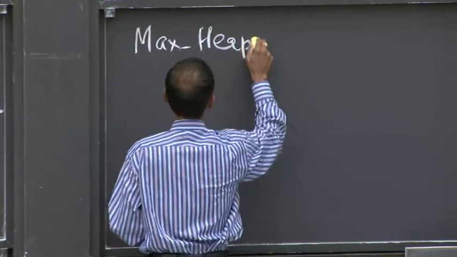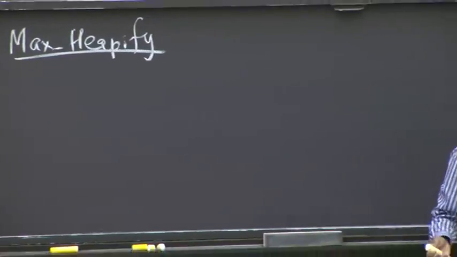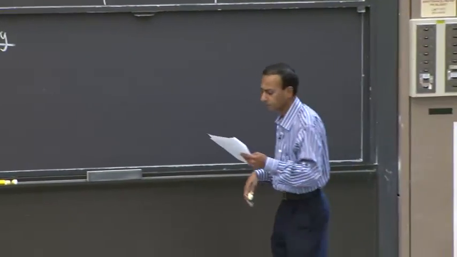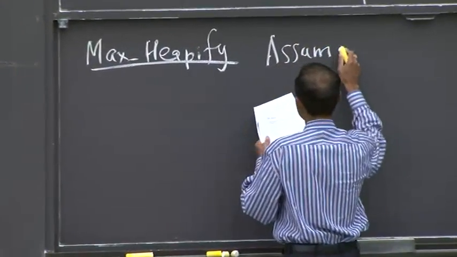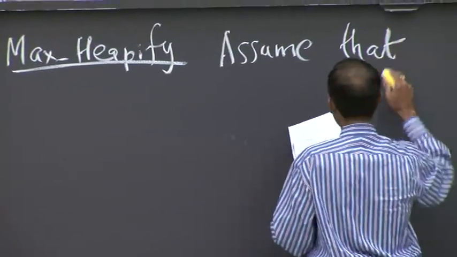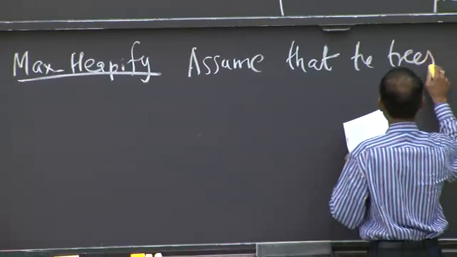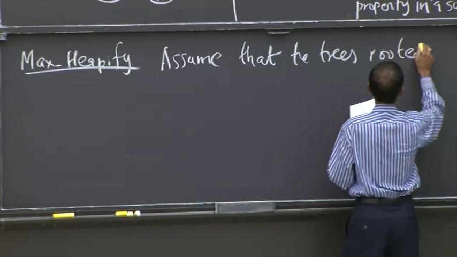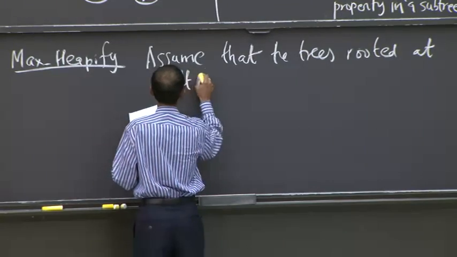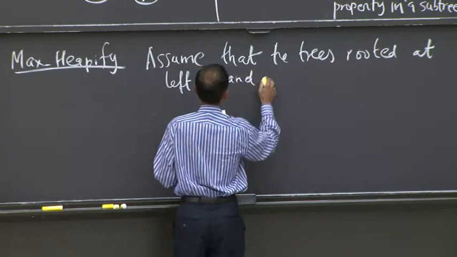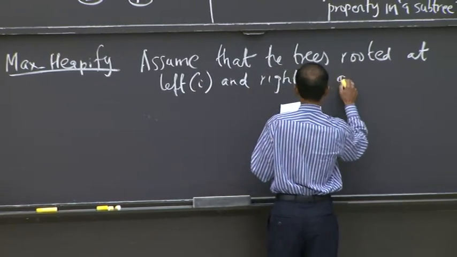I'm not going to write pseudocode for max heapify. I'll run through an example, and the pseudocode is in the notes. The big assumption, and you can think of this as a precondition for running max heapify, is that the trees rooted at left(i) and right(i) are max heaps.